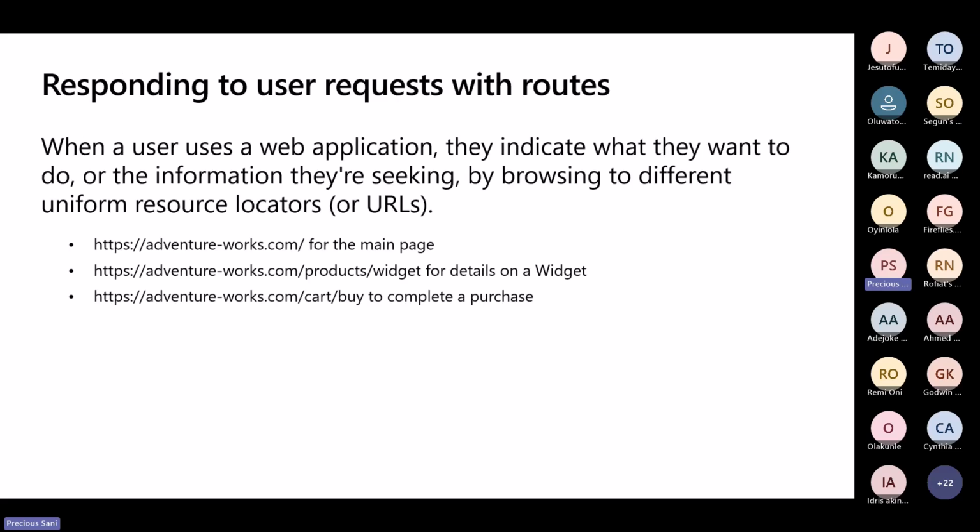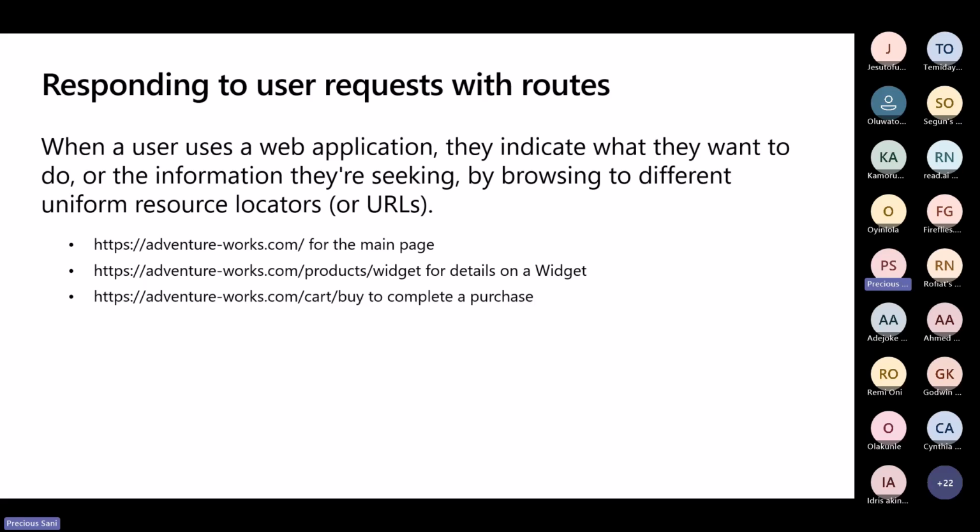So what happens within Flask, or to websites or applications that you create within Flask? When a user uses a web application, they indicate what they want to do through the browser and the URLs typed in the browser.